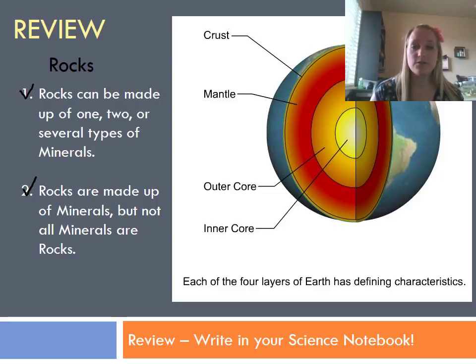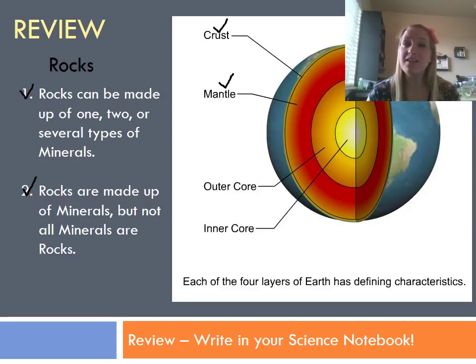So then we've also reviewed our 4 layers of the earth. We have our crust, which is the thin, hard, rocky outer layer. We have our mantle, which is between the outer core and the crust.